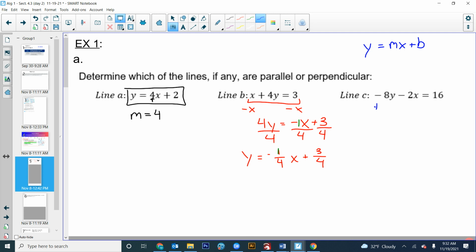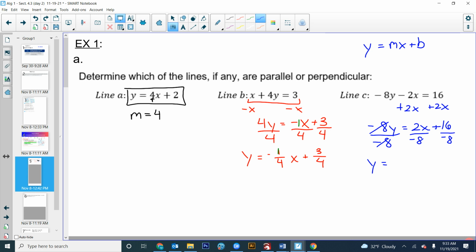So we're going to add 8y to both sides. Nope, I lied. Add 2x to both sides. Negative 8y equals 2x plus 16. And then divide by negative 8. Always reduce. y equals.